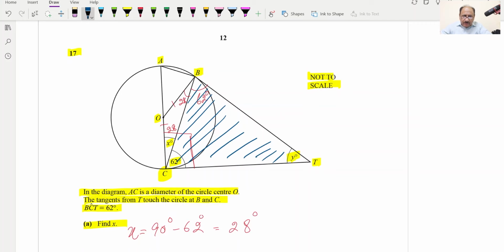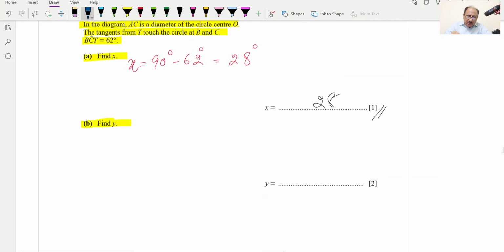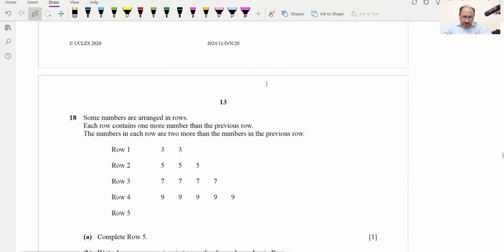So 180 minus 62 plus 62, we can write over here 180 minus 62 plus 62, and this will be equal to 180 minus 124 degrees, and this will be equal to 56 degrees. So the answer will be 56 degrees. This is a 2 mark question which we are done.